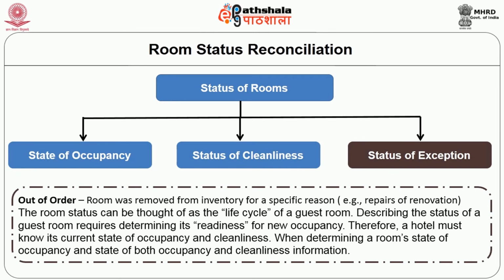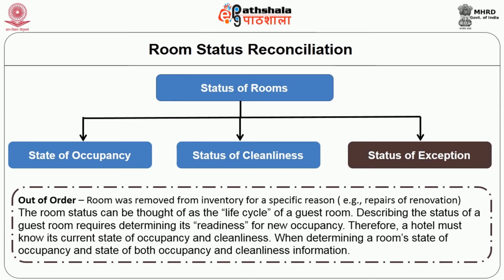Now the state of exception is denoted by out of order, OOO. The room was removed from the inventory for a specific reason. For example, rooms may undergo some repairs or renovations, and sometimes such rooms may also be called blocked rooms, where they are blocked for a certain time and opened only after the renovation.